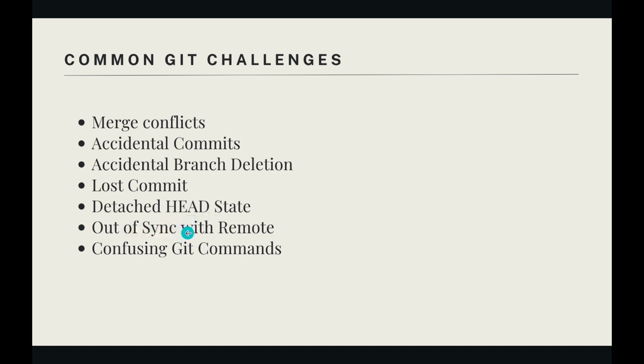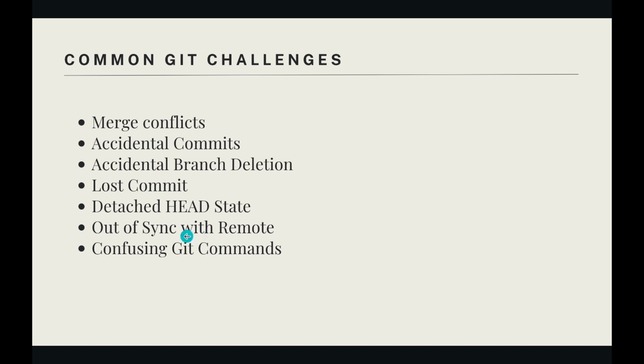And the next one is out of sync with remote. Sometimes when you try to update your fork, you might end up deleting some commits, and then you will panic because your work is gone and replaced by the commits in the remote. But don't worry, you can recover your work.